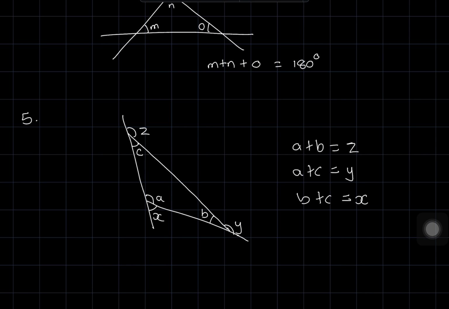This is what I've derived. If you add two interior angles, which are opposite to a certain angle, it is equal to that opposite exterior angle.